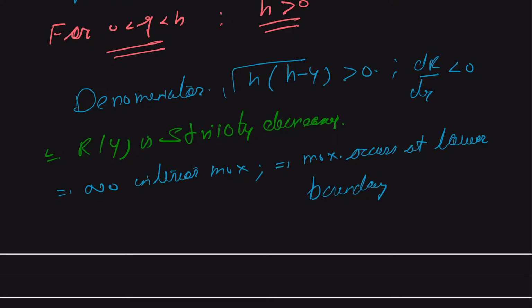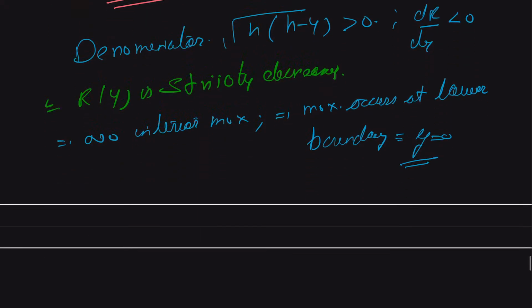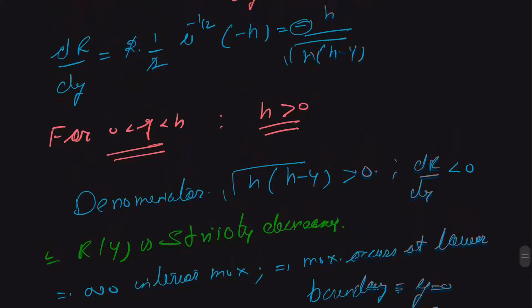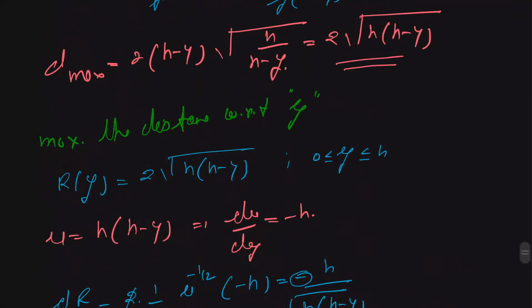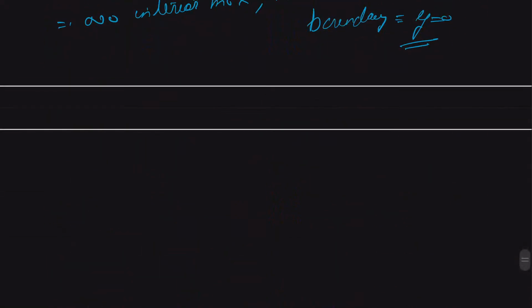So at the lower boundary, the value of y should be equal to 0. And if you put the value of y equal to 0 in this equation, we get our d max.